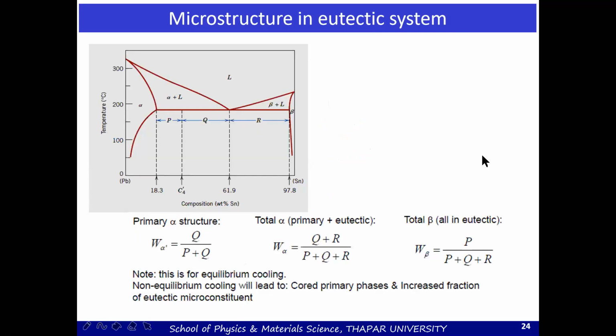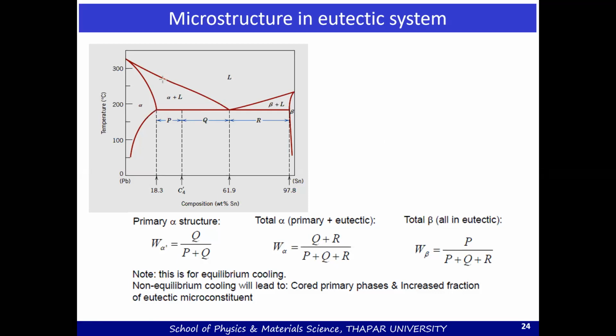So how do we find the concentration of the three phases? An alpha phase, a eutectic alpha phase, and a eutectic beta phase. You can define them by using the concept of the tie line. Remember, you were cooling through an alpha plus L region. So let me first mark that point.